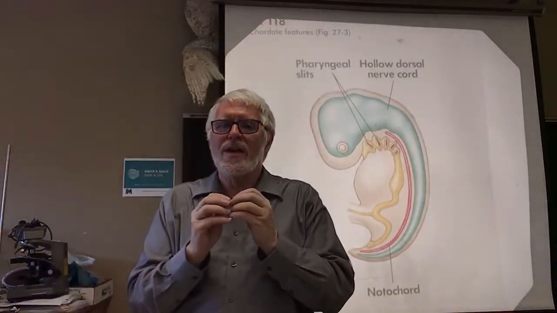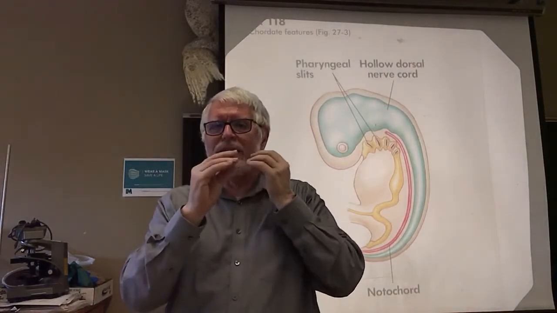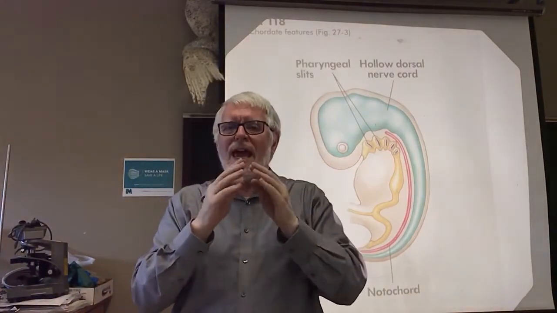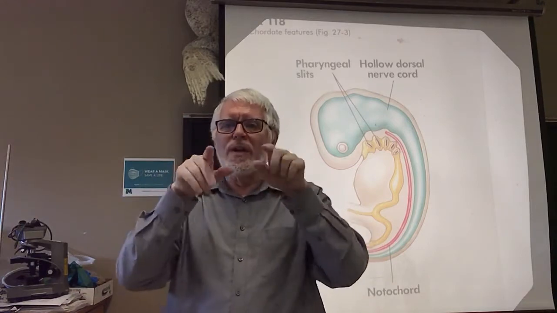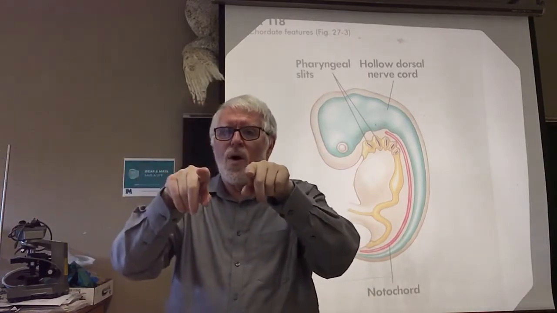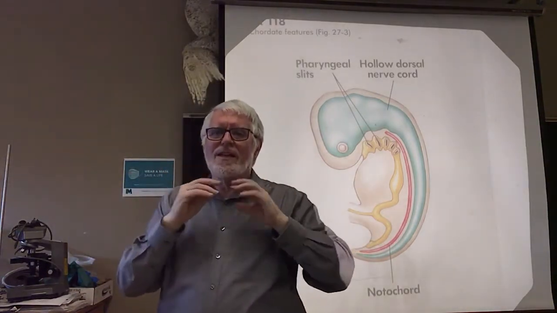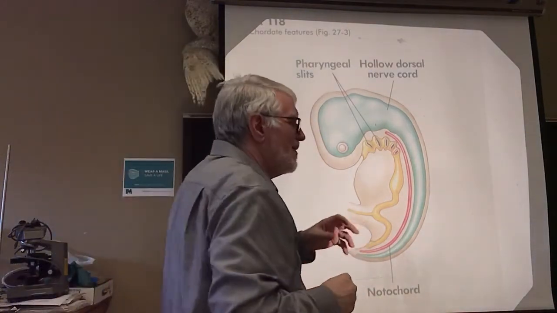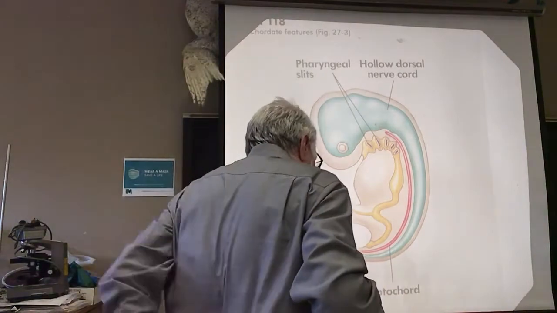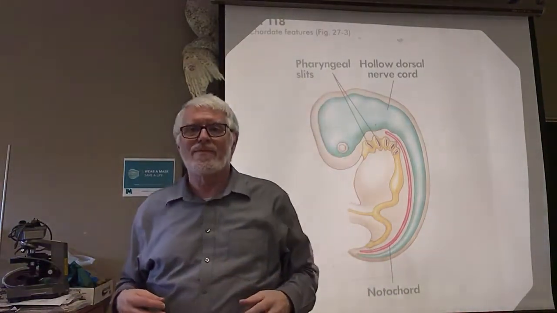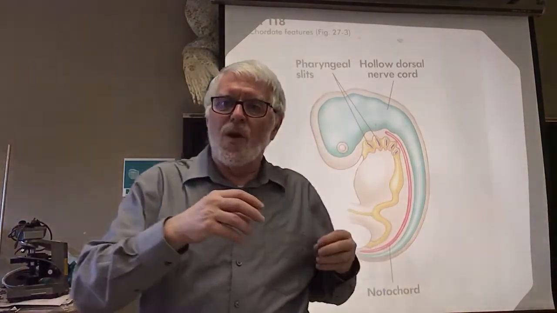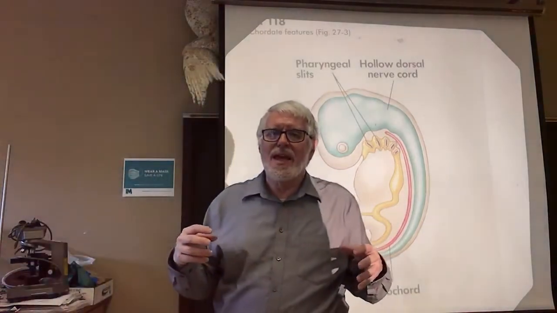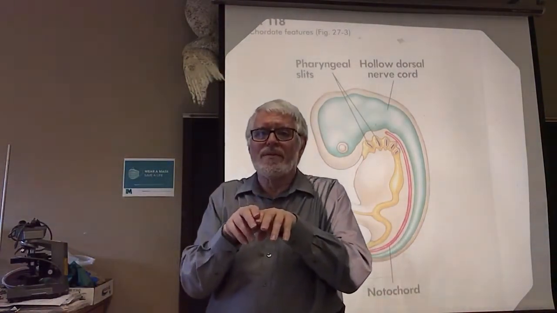That notochord produces a chemical that kind of percolates up to the surface. And up above the notochord, you get a long, thickened plate of cells. So it starts down on the inside, you wind up with a long, thickened plate of cells down the back. Once that long plate is formed, it rolls up into a tube.